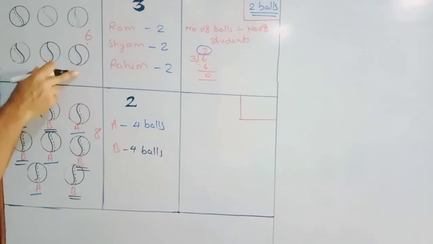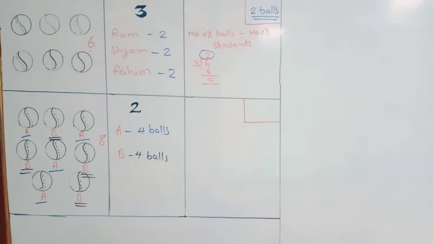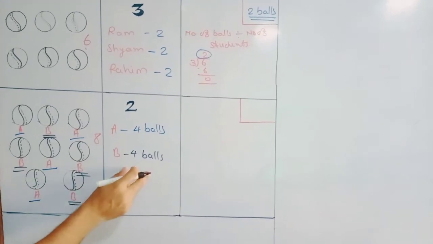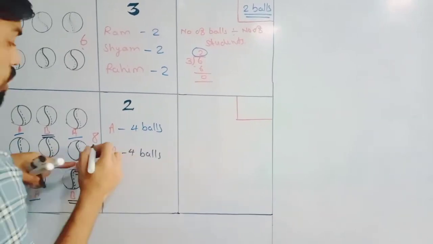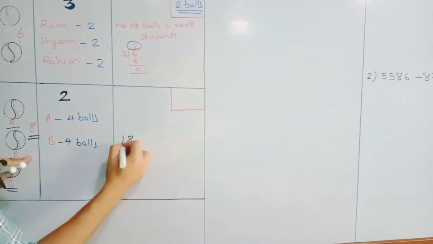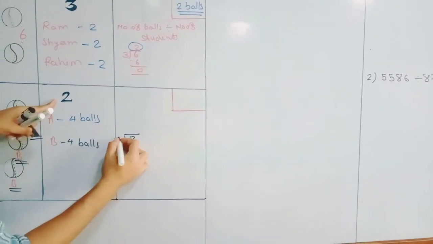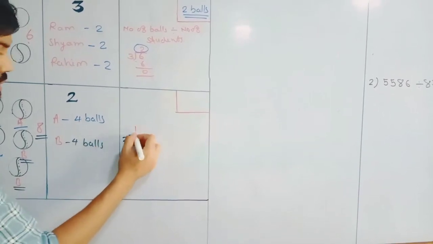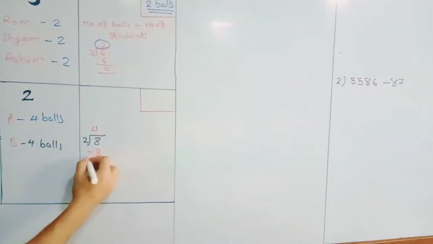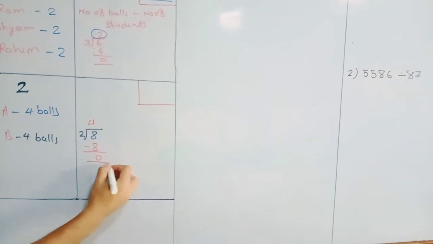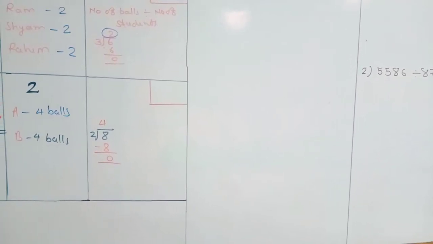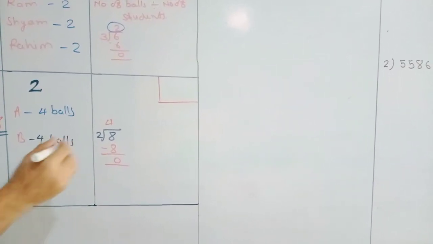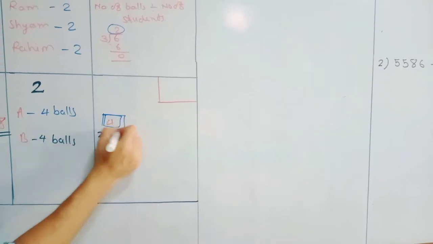Now, what we did in the first example, let's try that method, is it right or wrong? The total number of balls is 8 divided by the number of students, that is 2. Let's divide it. 2 4s are 8, and subtracting it, we get remainder 0. That means each of A and B will get 4 balls.